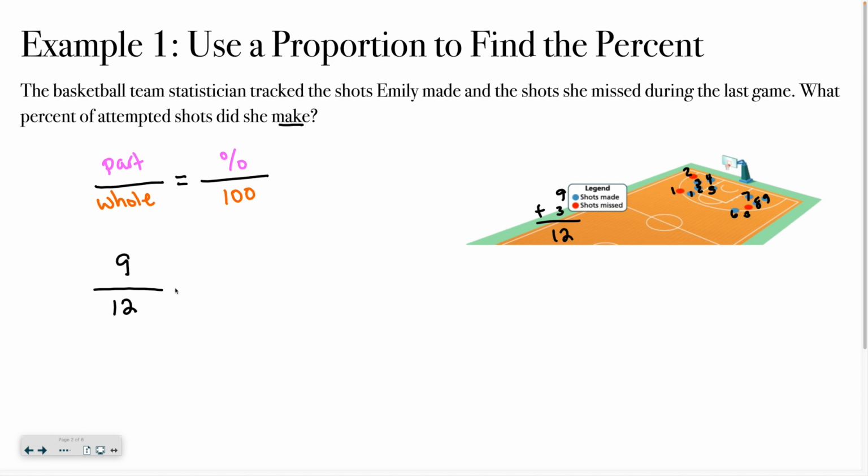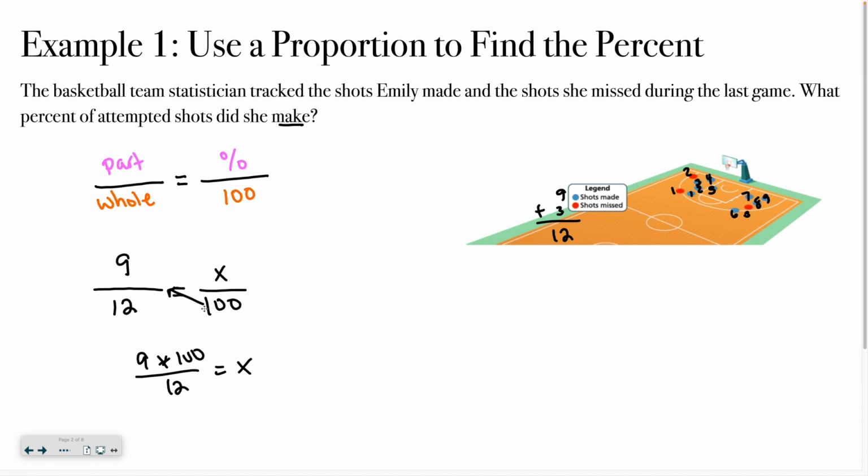So I'm going to say 9 over 12 equals, and then just like yesterday, that 100 always stays there, but I need to figure out what is the percent, okay? So again, I'm just using X as a little placeholder there. So what I would do is say 9 divided by 12 times 100, or 9 times 100 divided by 12, right?